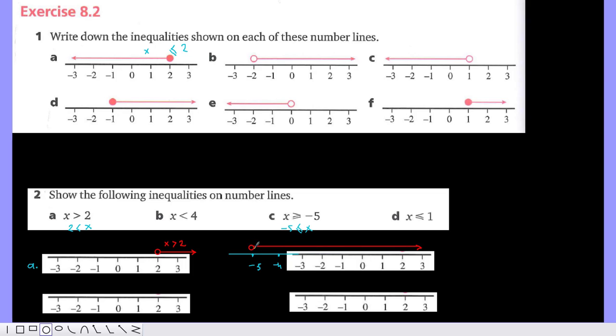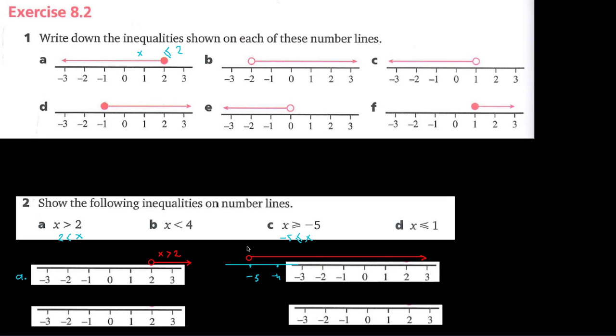I'm going to make a circle here, locate it like this, and then close this one. This is the solution of the question.